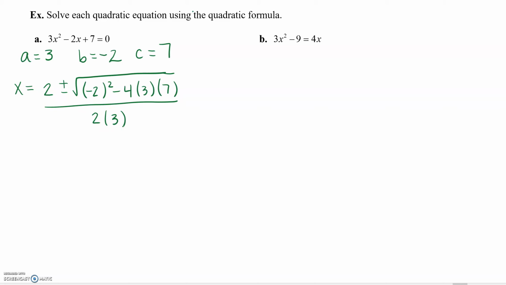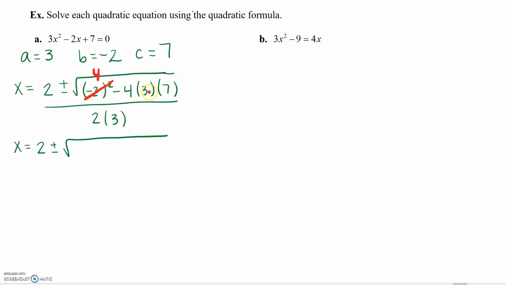Now, once you've plugged in, it's going to come down to simplifying. These problems are almost always going to be no calculator. So let's see if we can start simplifying. I'm going to keep the x equals 2 plus or minus square root, but I'm going to start filling in the inside. So I know that negative 2 squared, that's really 4.